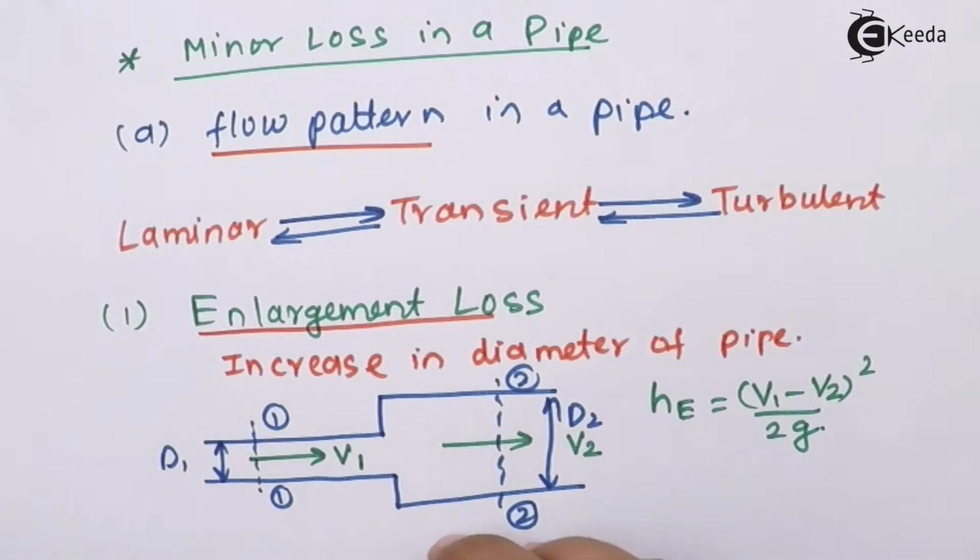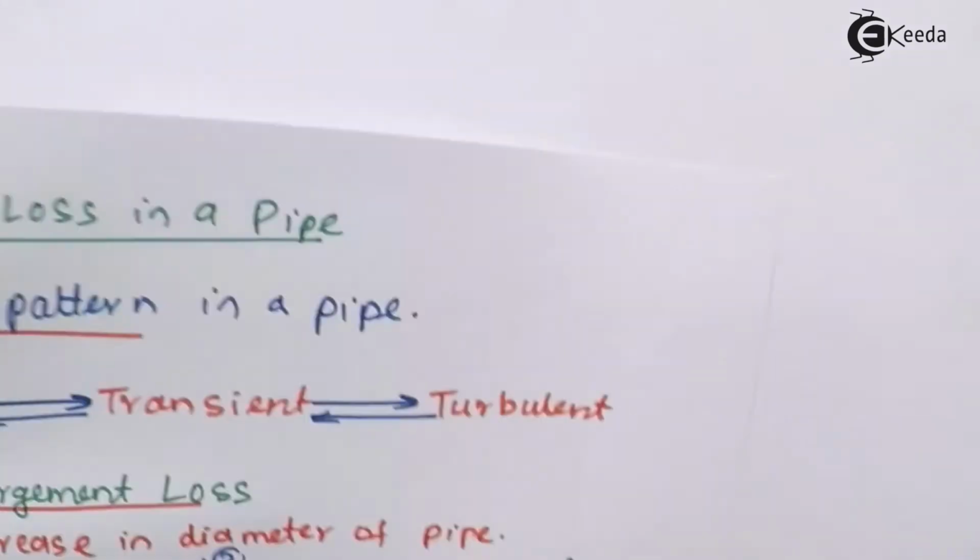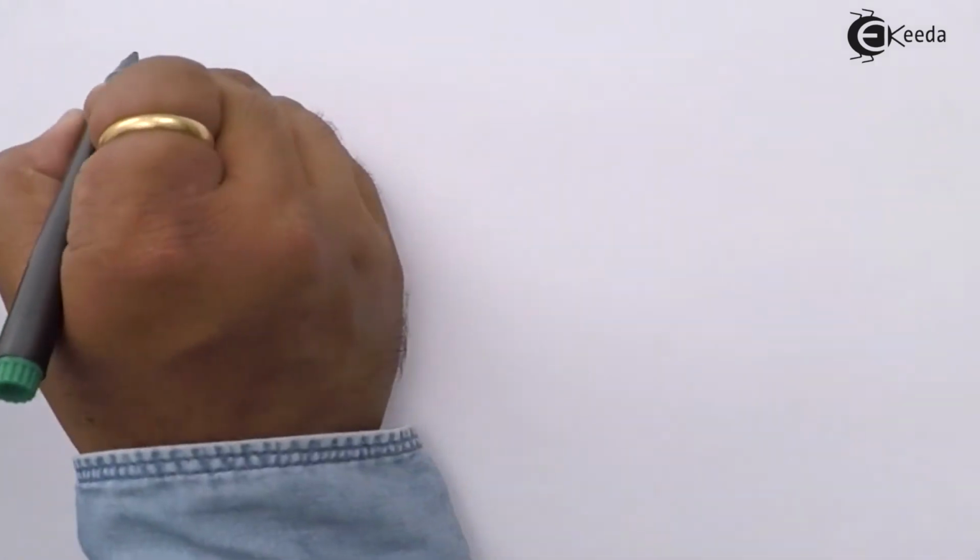The next loss which we are going to consider is contraction loss, which is opposite to enlargement loss. So let us write down.